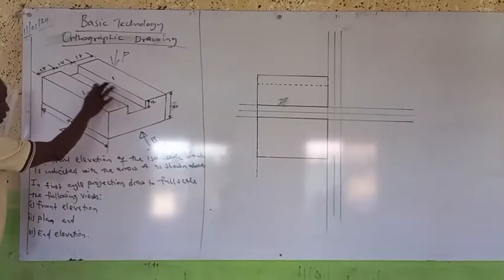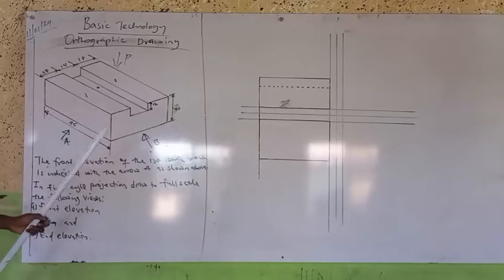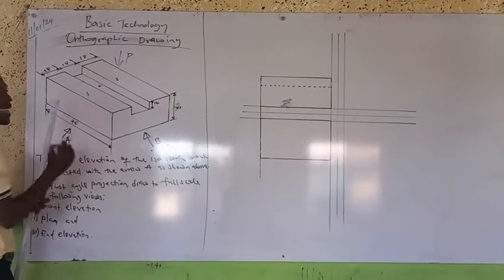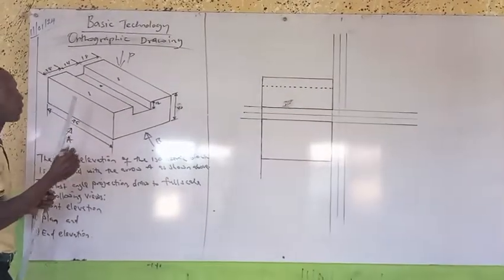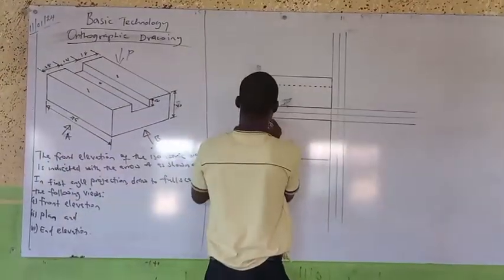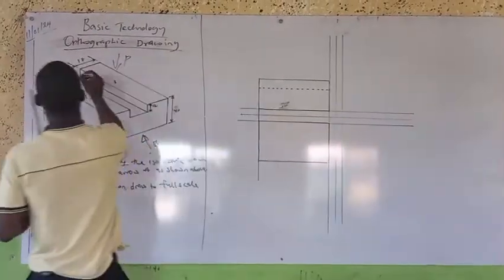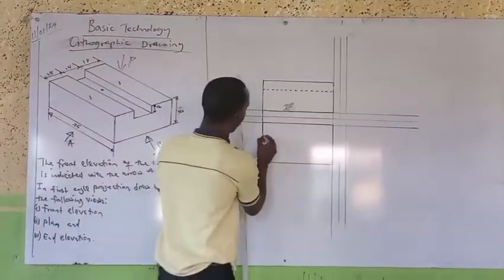Remember, this place is not part of it because it is vertical, and there's another one like that on the other side. Now, what is from here to here? That is 18. From this point to this point is 18. You have to bring it out. Let me measure it out. From here, there is my 18. From here to here is 14.